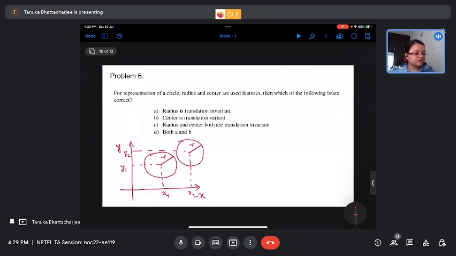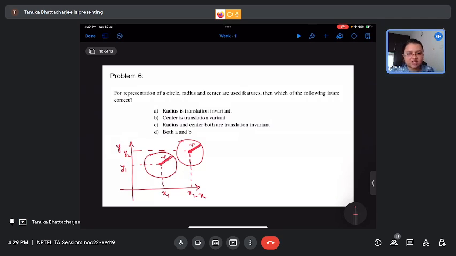So when we translate the circle from one position to another, the radius will not change, it will be the same. So radius is translation invariant, but as soon as you shift the circle, the center point shifts. Initially it was at x1, y1, now it has come to x2, y2. So the center point is translation variant; it depends on where you position your circle.